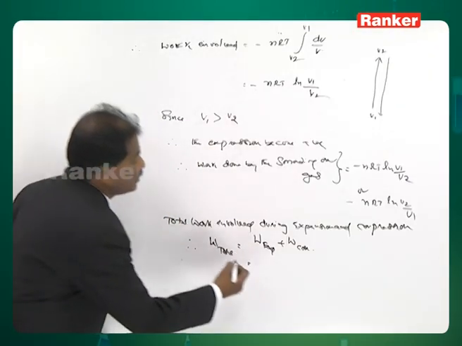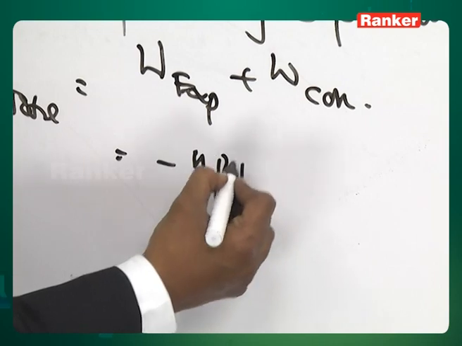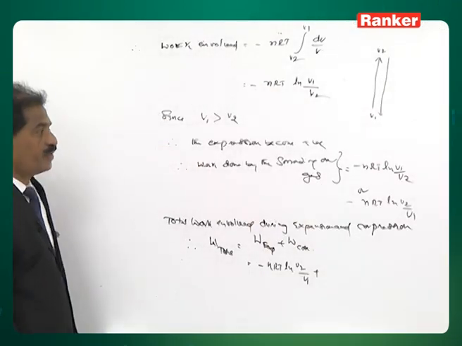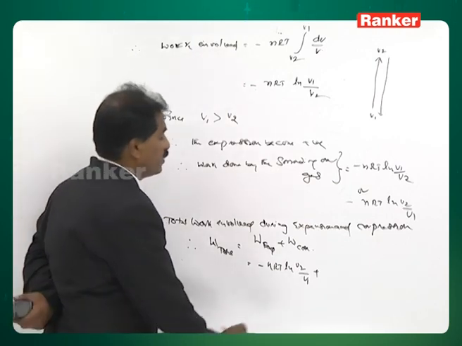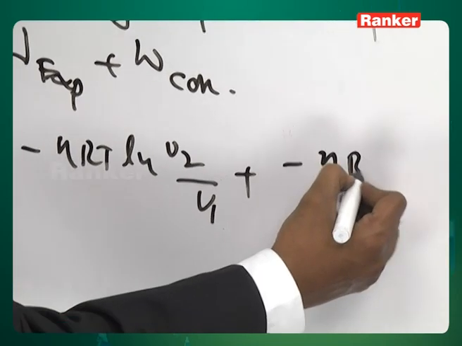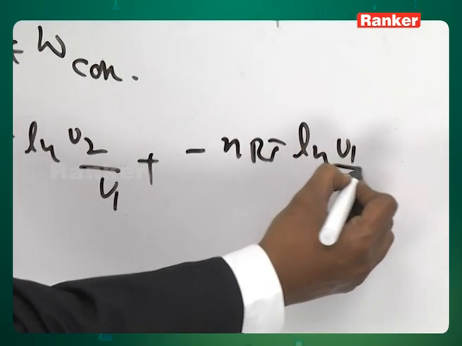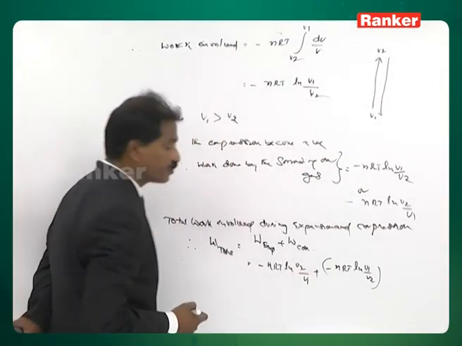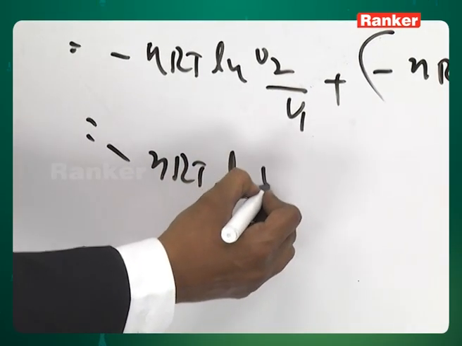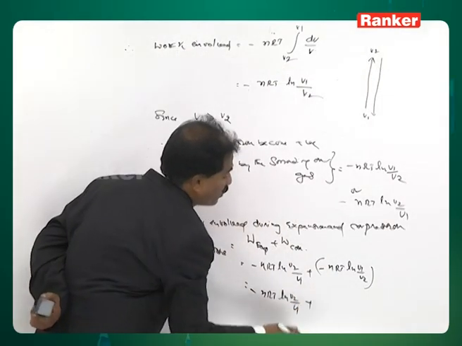During expansion, we have this expression: minus nRT ln V2 by V1. Next, during the compression, we got this expression: minus nRT ln V1 by V2, which is plus nRT ln V2 by V1.